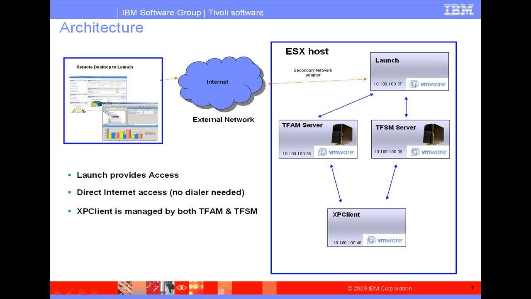That Launchpad machine is running Windows 2003 server, and from that machine you would then access all of the GUIs that you would need to demonstrate both TFAM and TFSM. The XP client is a target to be managed by both TFAM and TFSM, and we'll talk about the kinds of things you can do with that management in later slides.